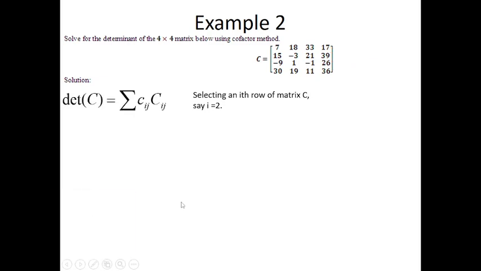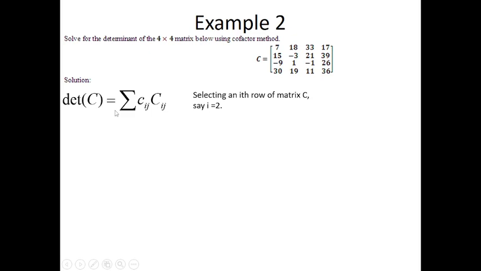Okay, so the determinant of C is equal to the summation of cij times Cij. Again, this is the formula for finding the determinant of any square matrix regardless of the size. This is the formula.